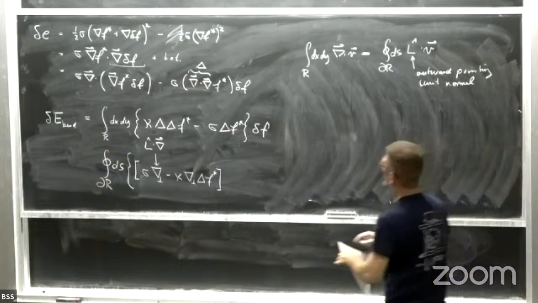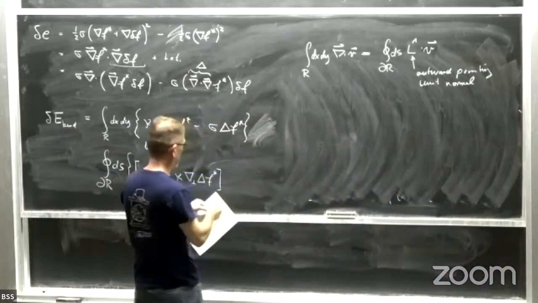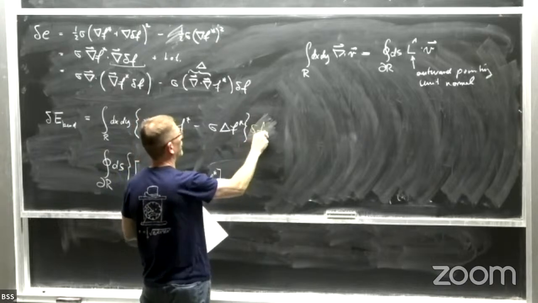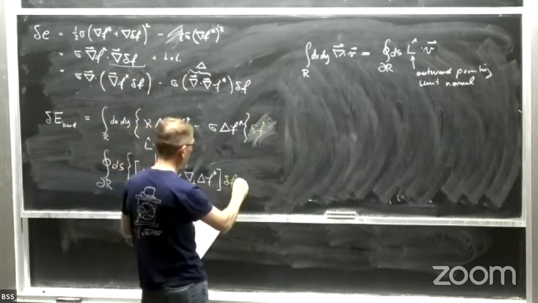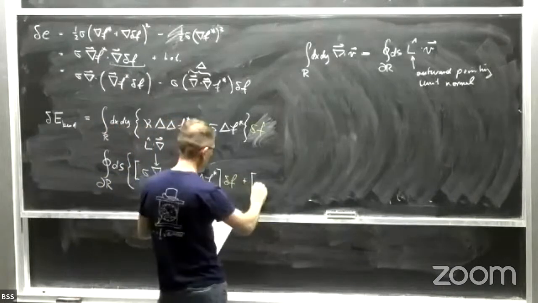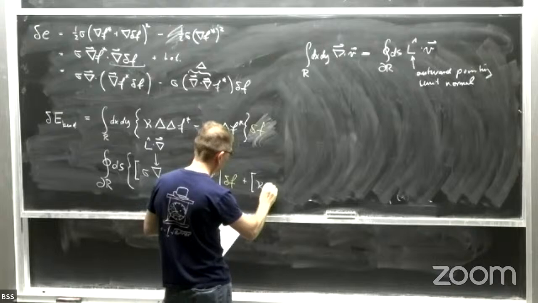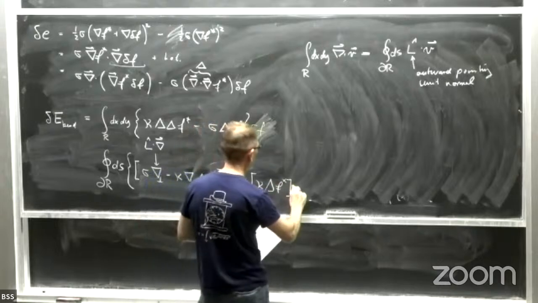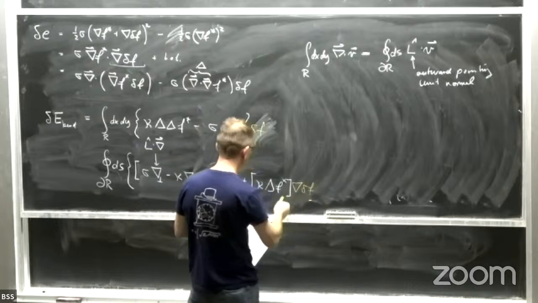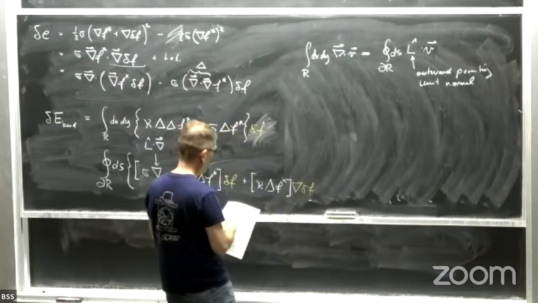I should collect my delta f's here a bit more nicely. But we're not done. There's another term, plus kappa Laplacian f star grad delta f. And now we're done.